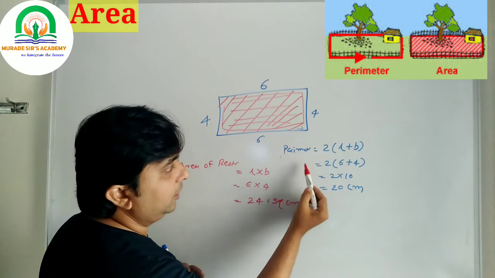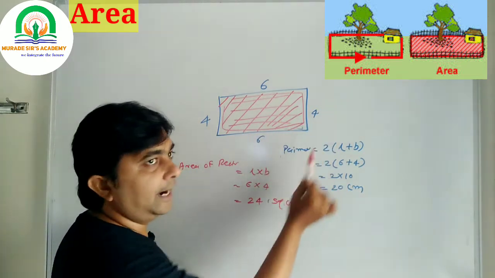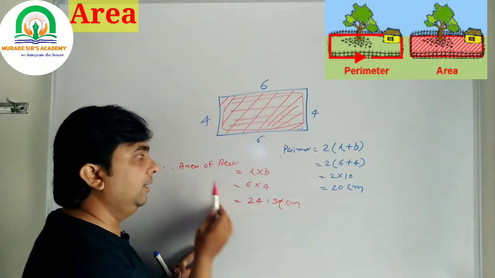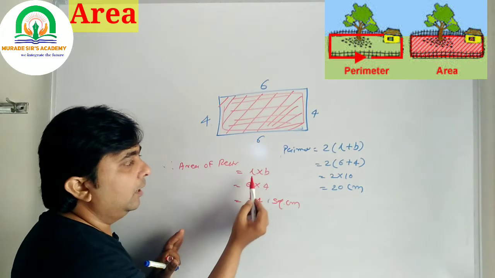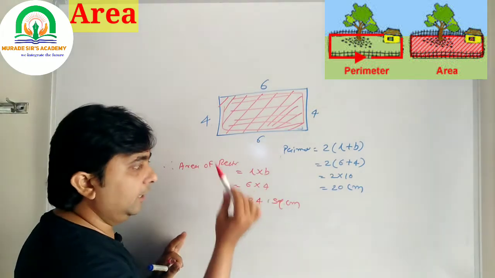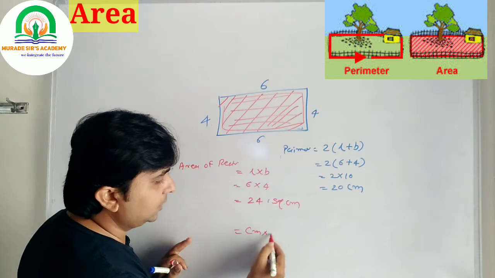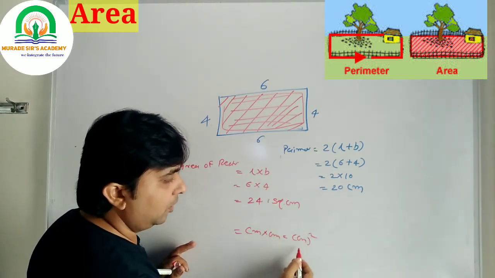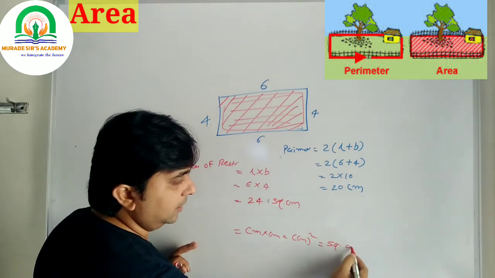The unit of perimeter is centimeter because we just add all the sides. In area we multiply length into breadth, so we multiply centimeter into centimeter, giving centimeter square, or while writing we will write square centimeter.